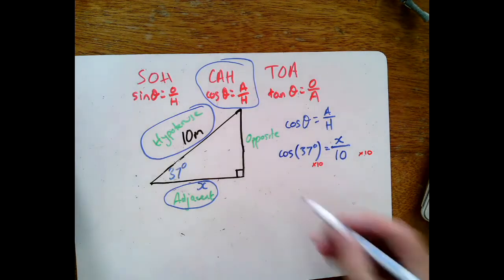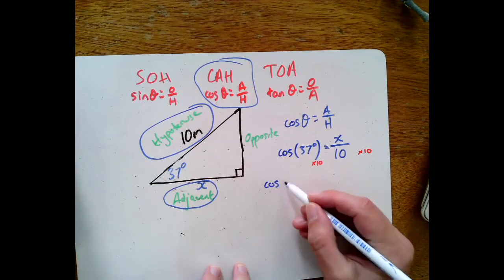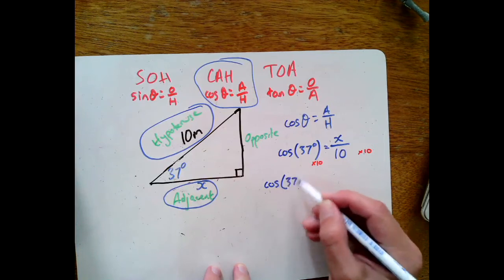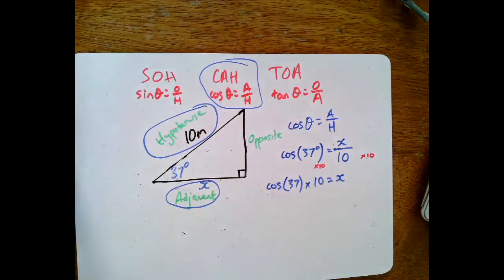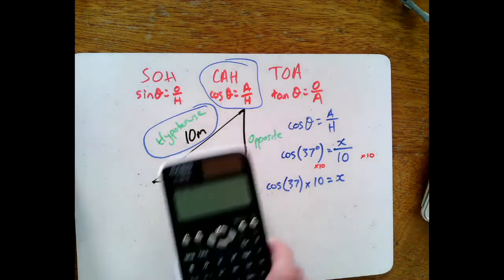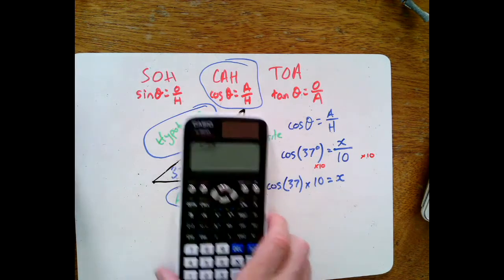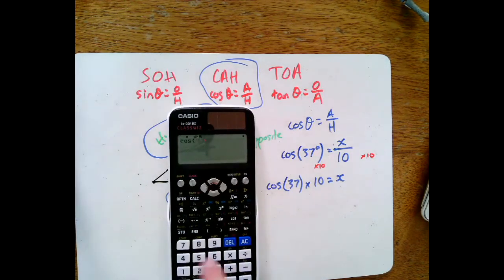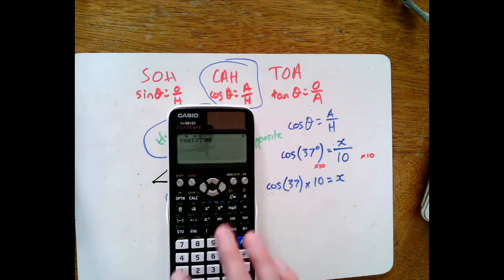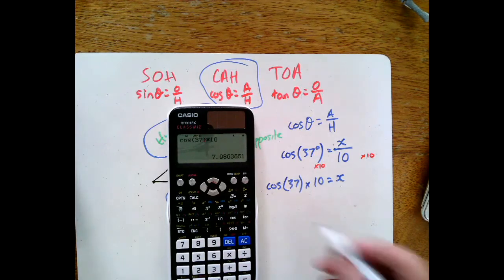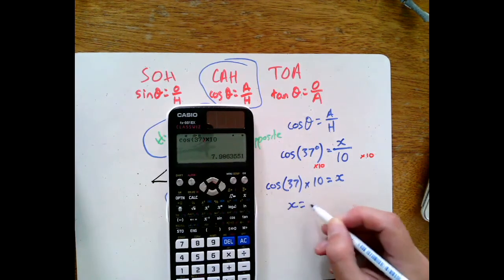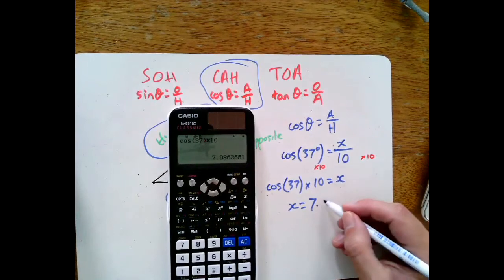So if I do that, then it's going to be cos of 37 times 10 equals x. Now if I put that into my calculator, it really is just cos 37 times 10. Remember I said I should have an answer less than 10. Press equals. I get x equals 7.99.